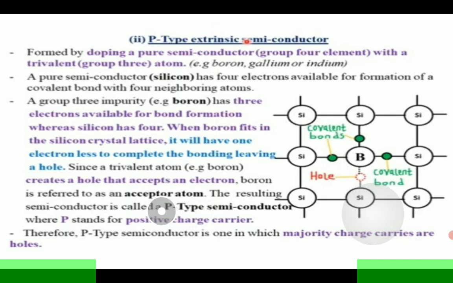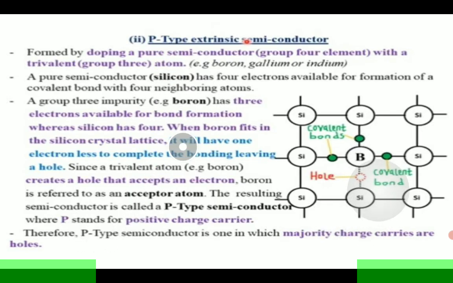The P stands for positive charge carrier. Remember that holes are by nature positive. So most of the charge carriers in this structure will be holes rather than electrons. Therefore, a p-type semiconductor is one in which the majority charge carriers are holes, which are by nature positively charged.